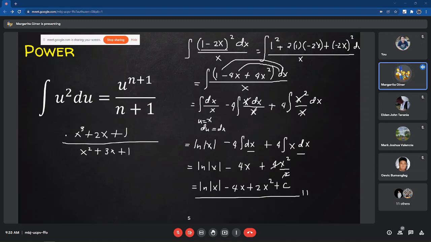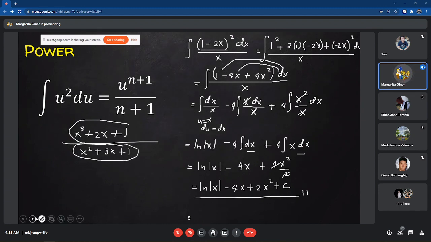Okay? You can factor it out if you can cancel something out. If nothing cancels out, you divide the numerator by the denominator. Then the final answer is what you take the antiderivative of. There are cases like that.